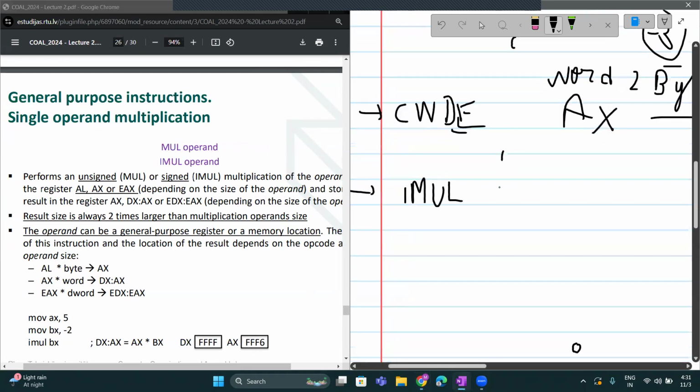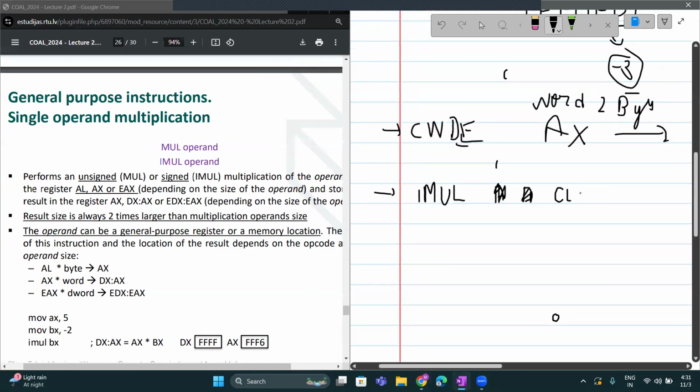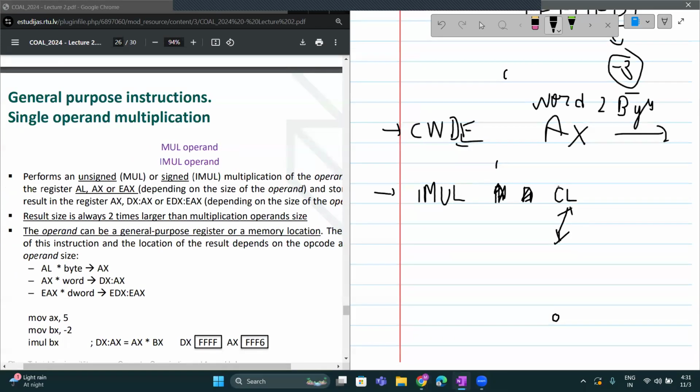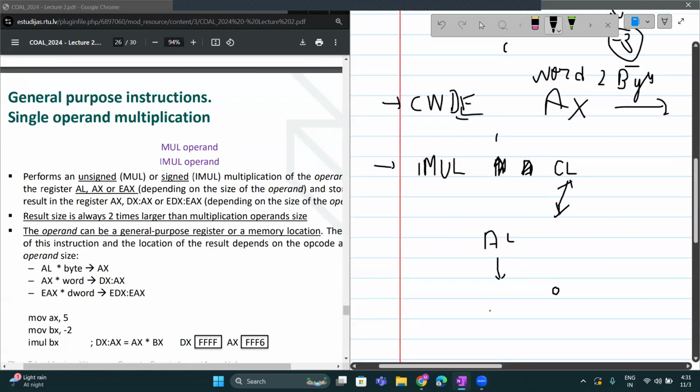So if we are multiplying, for instance, let's just suppose it's CL, it will multiply CL with the operand of the same size, which is AL, and store the result into AX.